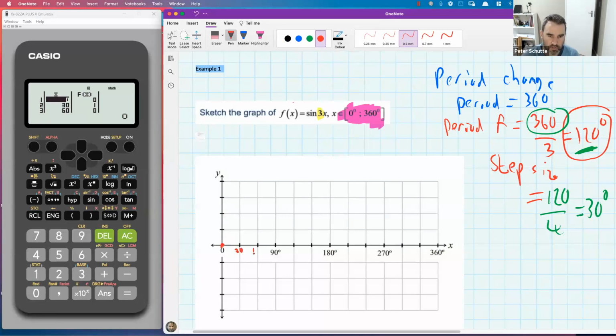I'll just draw these in so that you can see what they are. Then this is 1, and that's -1.